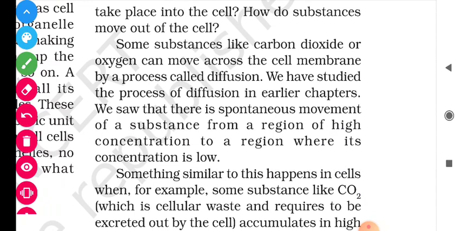We have studied the process of diffusion in earlier chapters. We saw that there is a spontaneous movement of substances from a region of higher concentration to a region where its concentration is low. So, what is the exact meaning of this sentence?